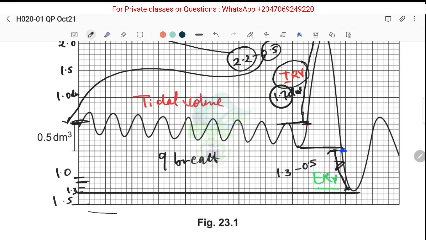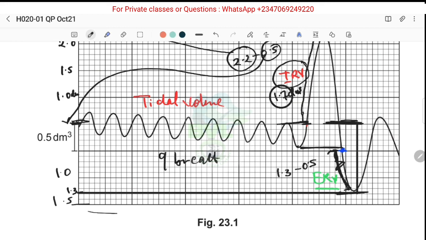That means we are subtracting this distance from this whole distance, this place to this place, that's the whole part.